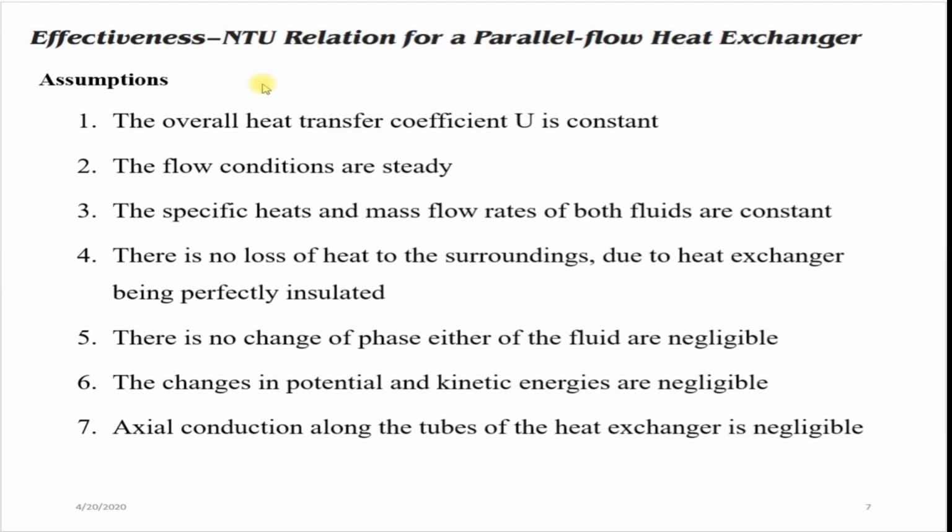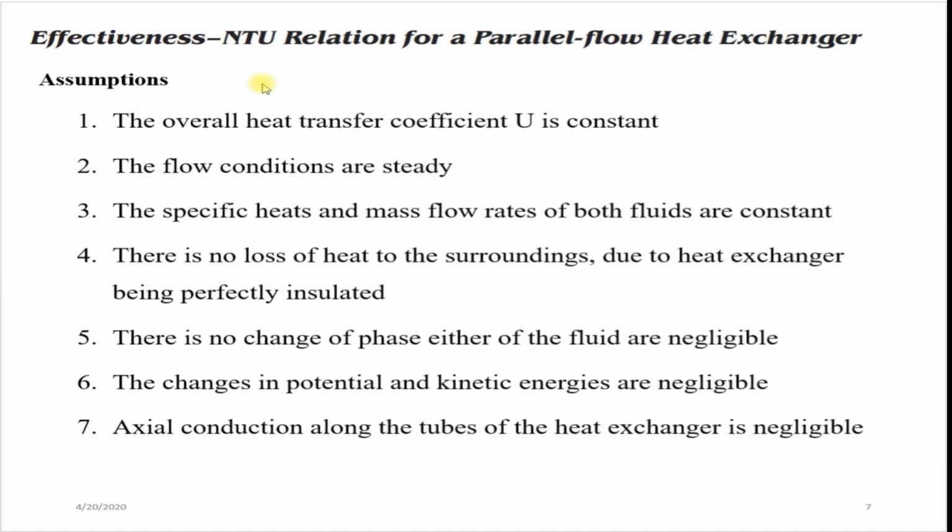Heat exchange takes place only between the two fluids and there is no loss of heat to the surroundings. That is, perfect insulation of the heat exchanger is assumed. Then changes in potential and kinetic energies are negligible. Temperatures of both fluids remain constant over a given cross section of the heat exchanger.